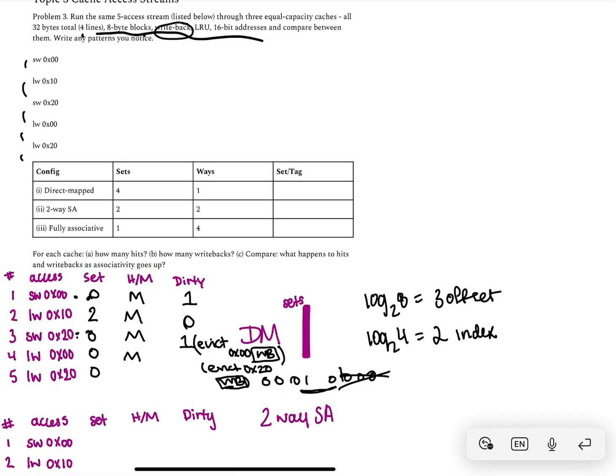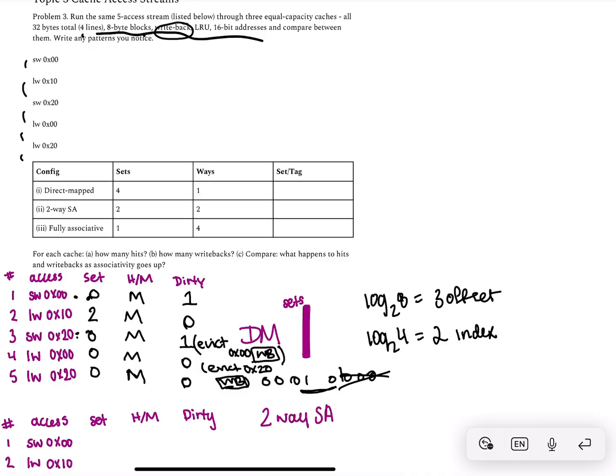And since it's just a load, 0x00 is clean. Finally, we load in 0x20, so that is a miss because we just evicted it. And so now we have to evict 0x00 again. Since it's just the load, we don't have to mark it as dirty.